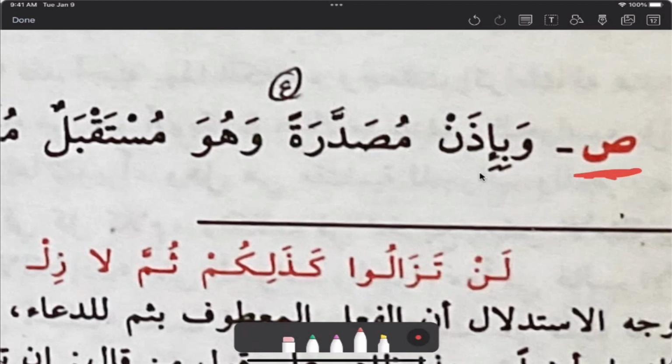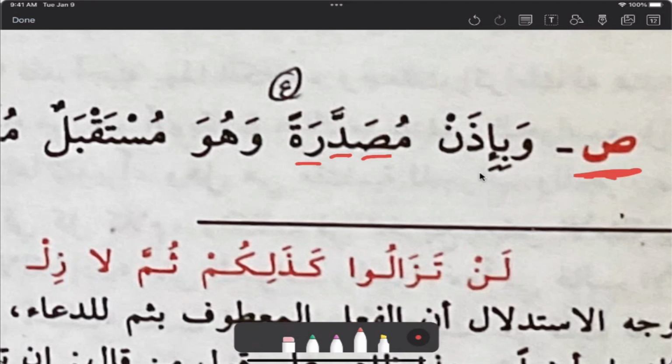So, wabi idhan musaddara, sad, dal, ra. It means advanced ahead. Put in the forefront.